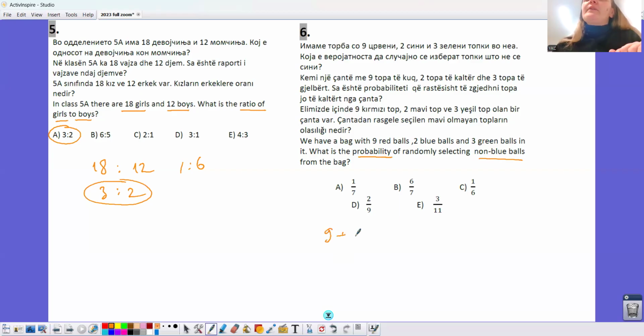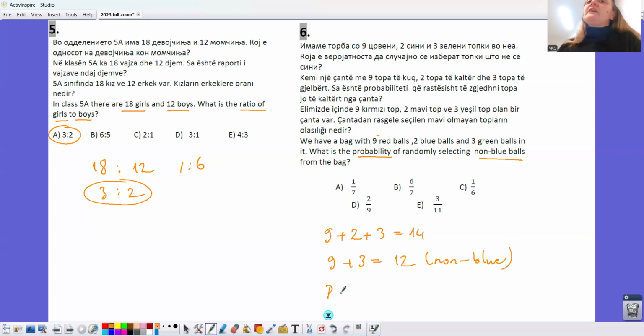We have 9 plus 2 plus 3, which is 14 total balls. The question says non-blue ones, so we are taking those that are not blue. Which ones are not blue? Red and green. So 9 plus 3, which is 12 non-blue ones.